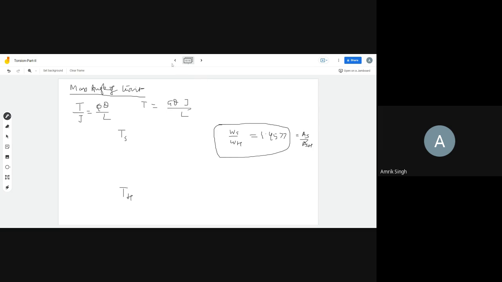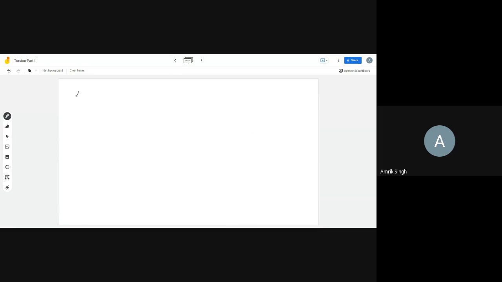So that means you can summarize it here. According to the maximum shear criteria, the weight of the solid shaft is 42.445% more than the hollow shaft.